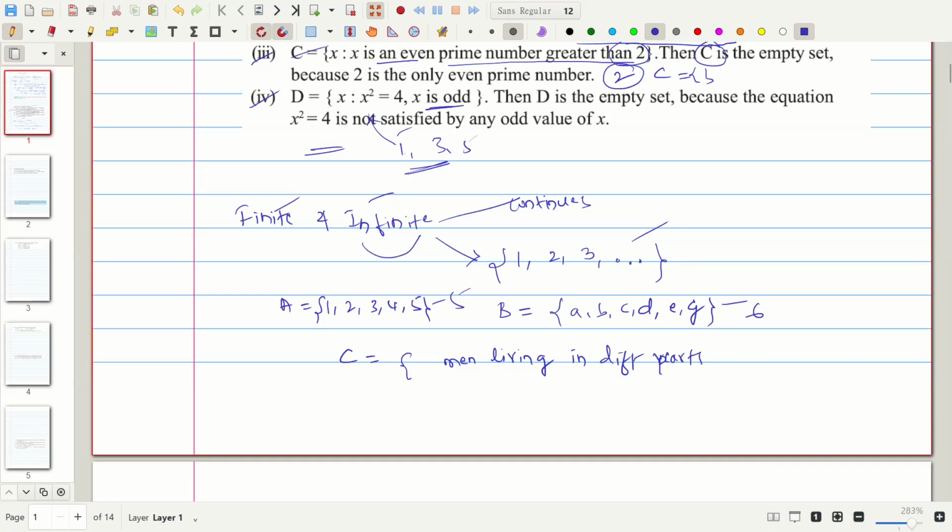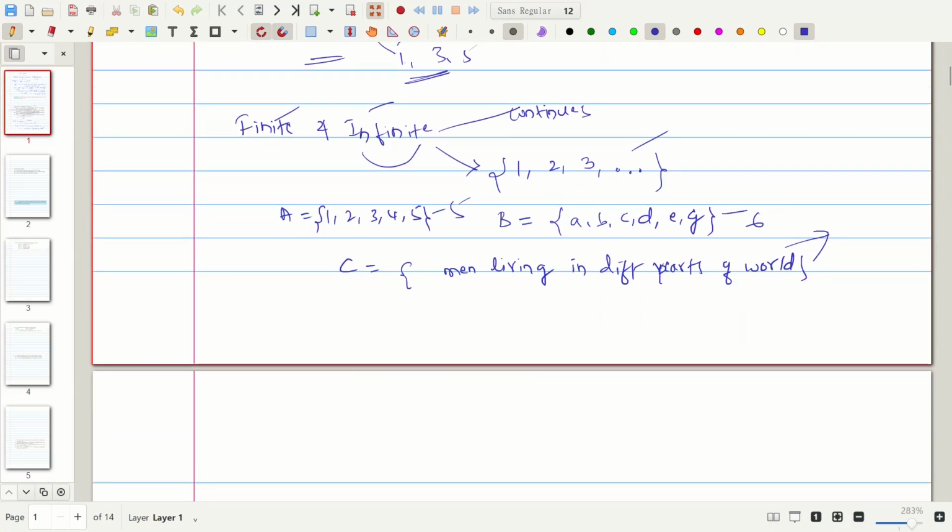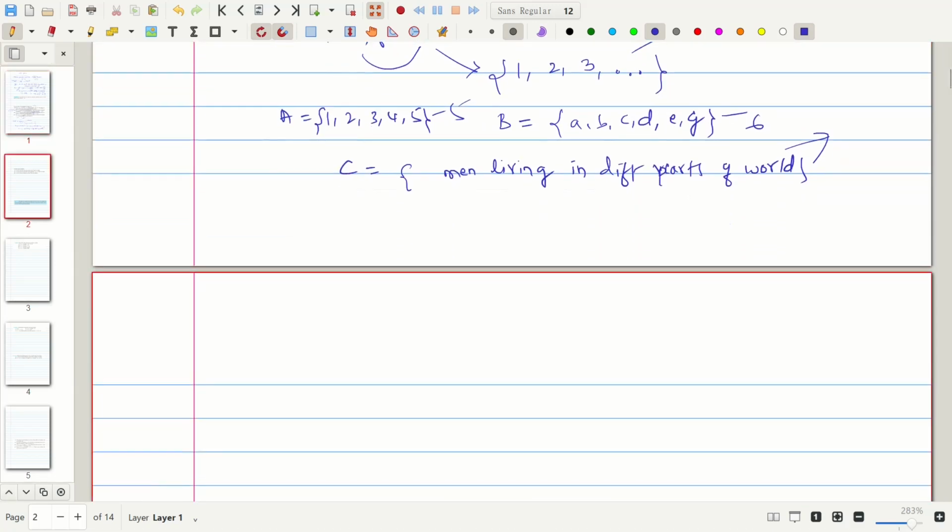The number is very big, but it is not countless. It is possible to count them. Therefore, we can say C is a finite set.